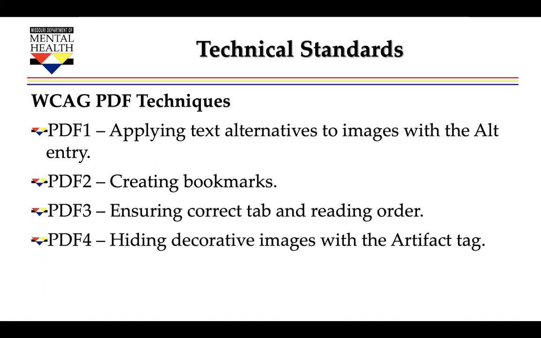Standard 3, ensuring correct tab and reading order. Depending on how a document was developed in the original program that was used to develop it, sometimes the content comes into PDF in the incorrect order.